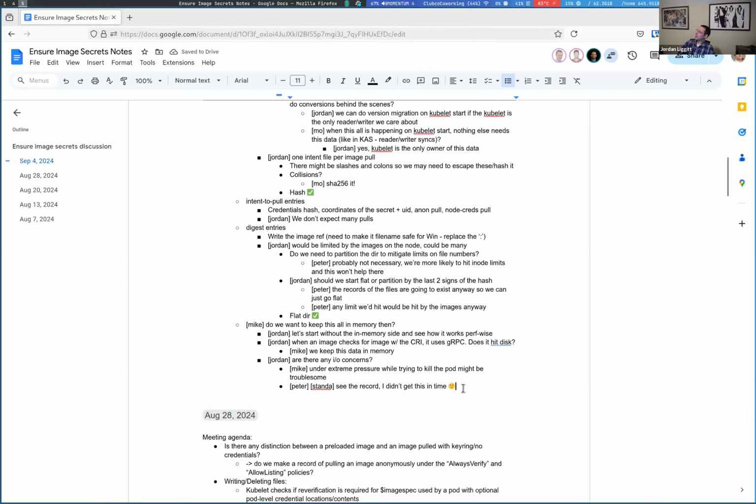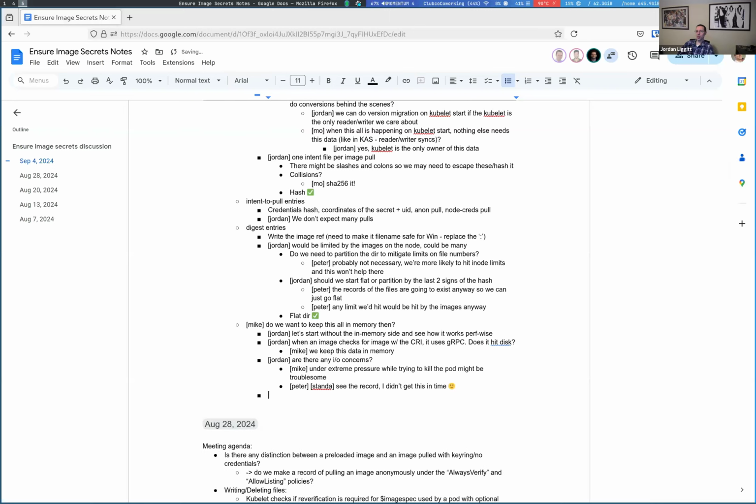That's a good question. If the kubelet holds the bookkeeping in memory, then it can always answer a question about whether a given pod needs to be re-verified. You'll never hit an error case deciding if a pod needs to be re-verified. You might hit error cases trying to persist the results.